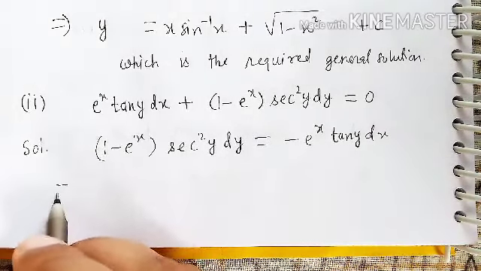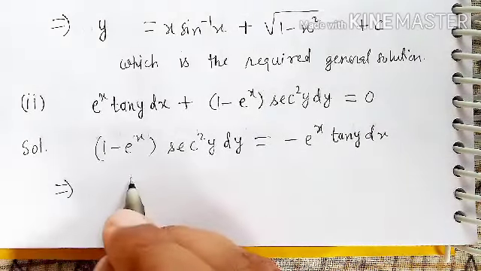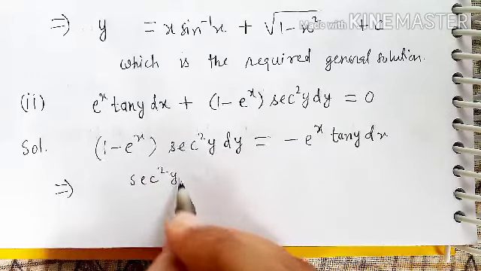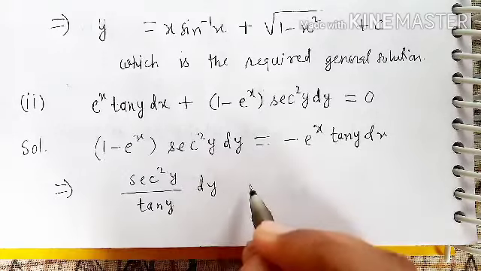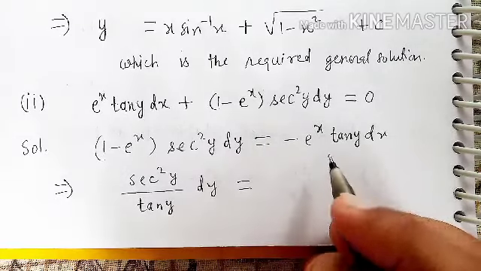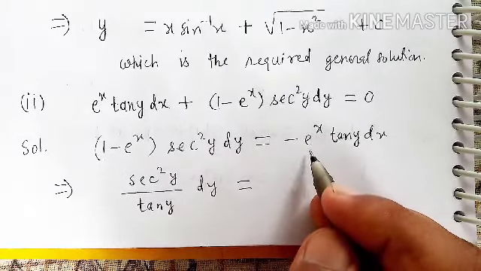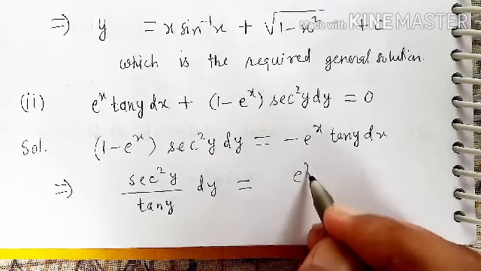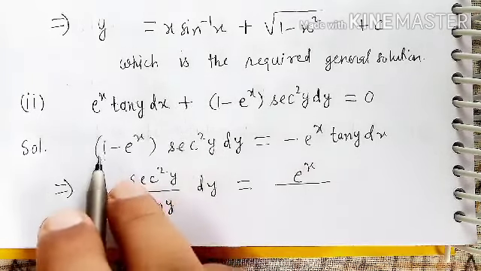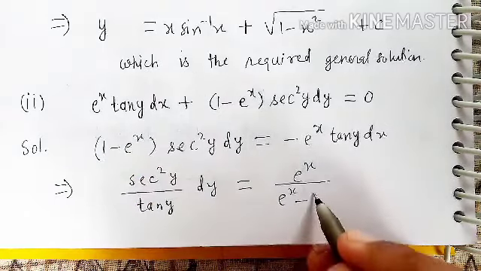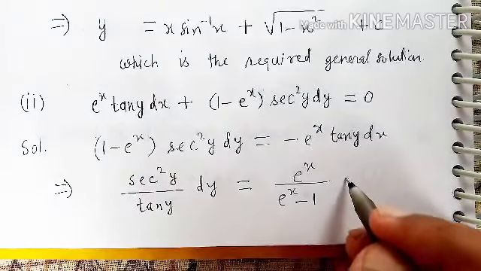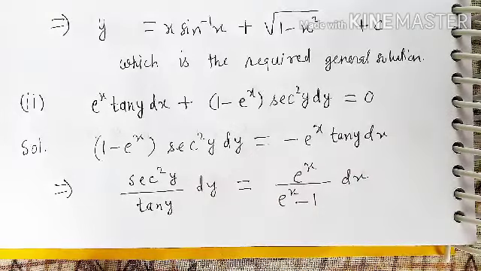From here we can write sec square y by tan y dy is equal to minus e to the power x by 1 minus e to the power x. We can arrange it as e to the power x by e to the power x minus 1 dx. Now we have to integrate.